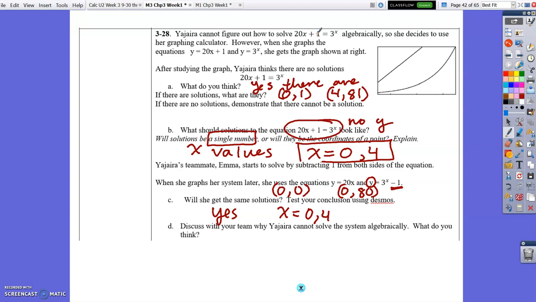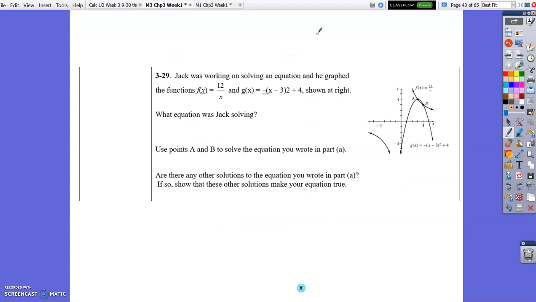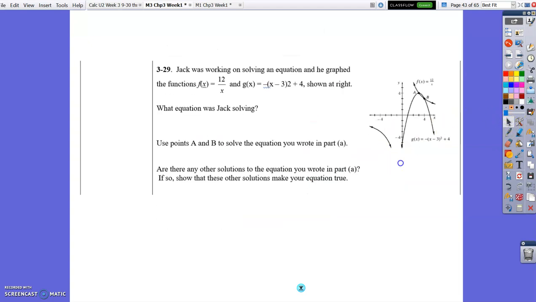And so since we don't know how to undo it right now, we're kind of stuck with just these graphical approaches. So discuss this again with some people in the room. Decide what you think, and write something down about that. So Jack is trying to solve this equation.